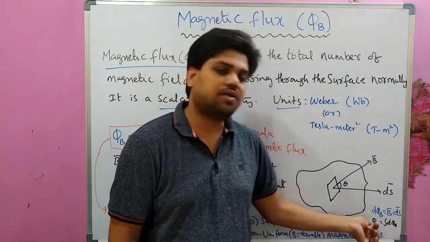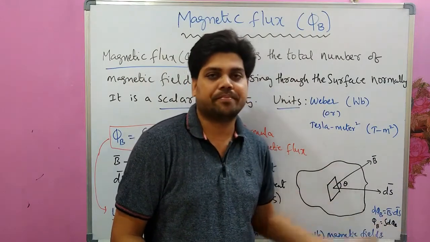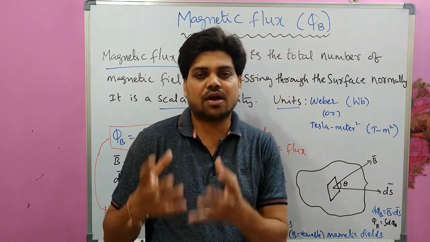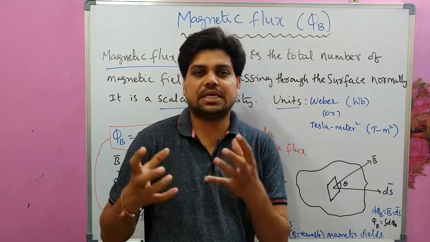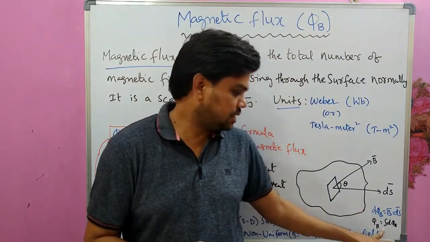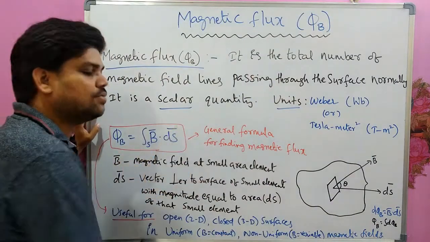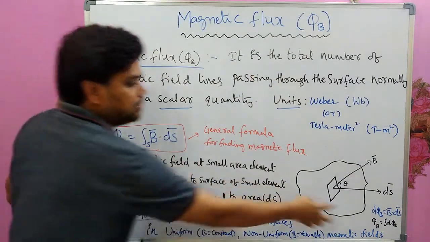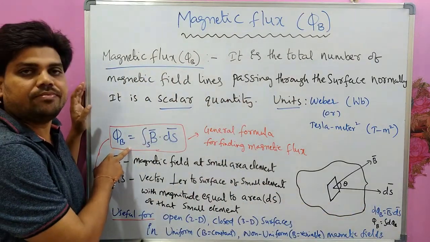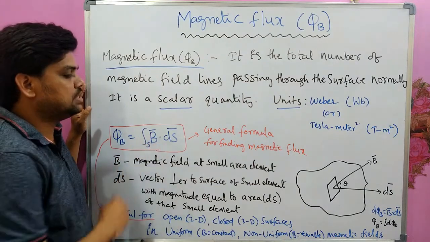So the total flux passing through this surface will be the integration of d phi B. It is a sum of the individual fluxes passing through each small area element with area ds. That is integral d phi B. So the general formula for finding magnetic flux will be this, because d phi B is B bar dot ds bar. So we have this integral over the surface of B bar dot ds bar as a general formula, right?